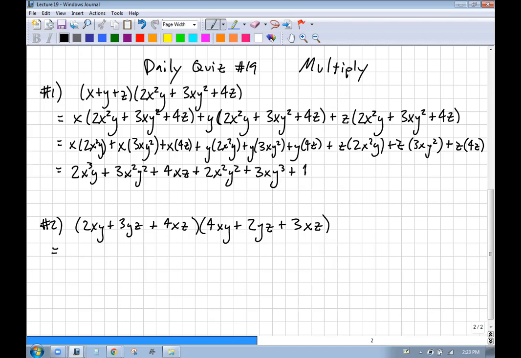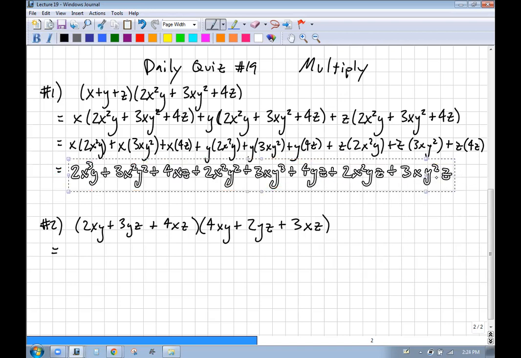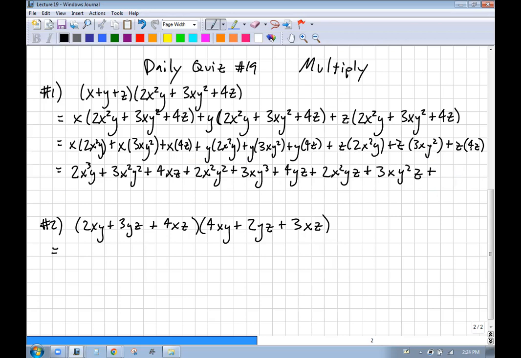Here we have a 4, a y, and a z. Here we have a 2, an x squared, a y, and a z. Here we have 3, an x, a y squared, and a z. And we have a 4 and a z times a z is z squared.